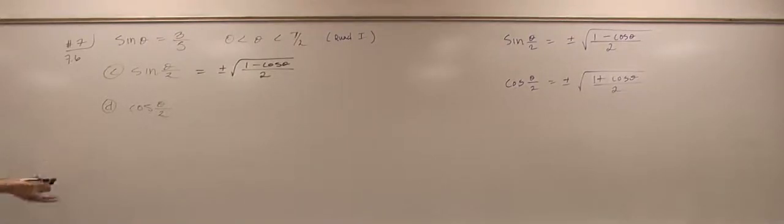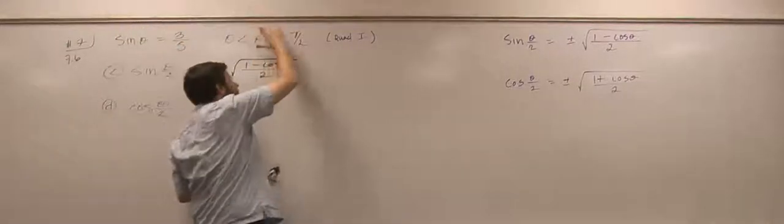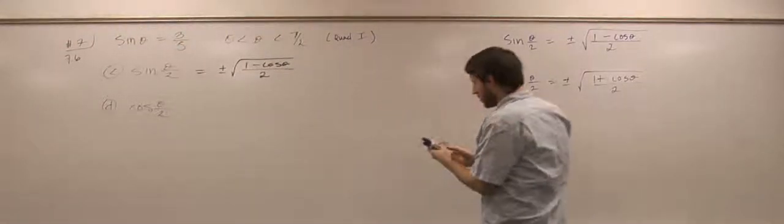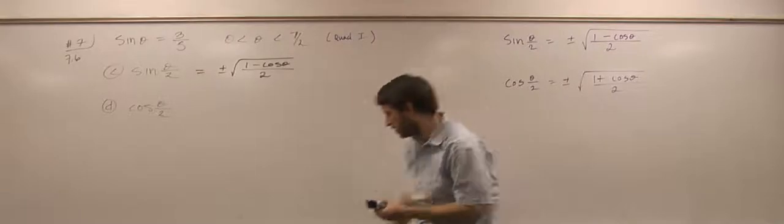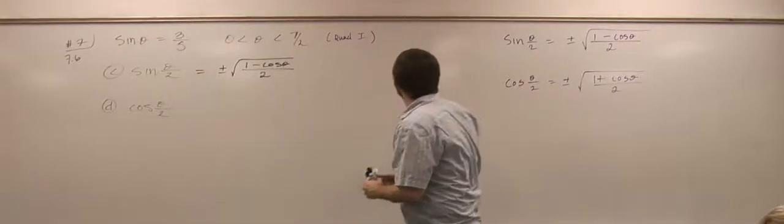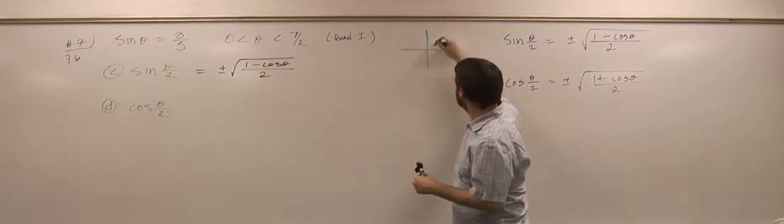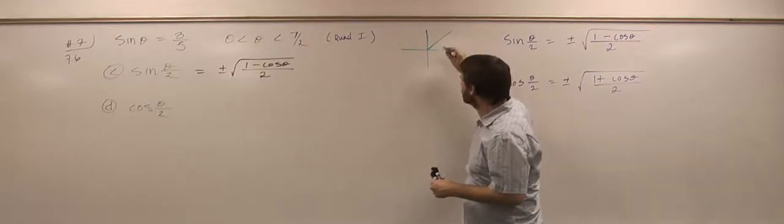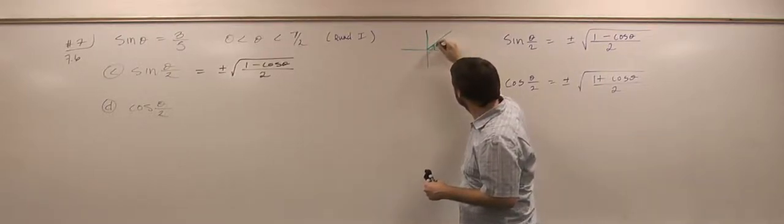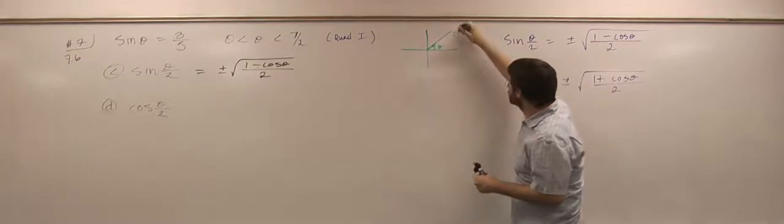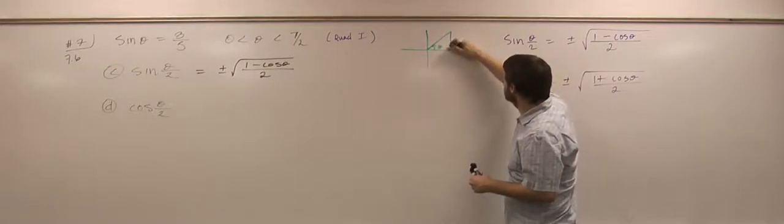Triangle, right? You got sine of theta, you got a quadrant, you draw yourself a nice triangle. So maybe our triangle over here. Since I'm in quadrant 1, I'll put theta right here, and I'll drop a nice right triangle.